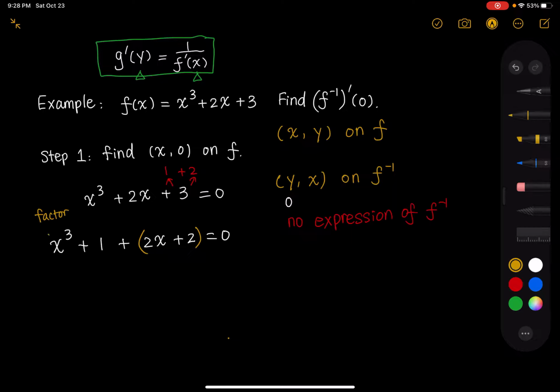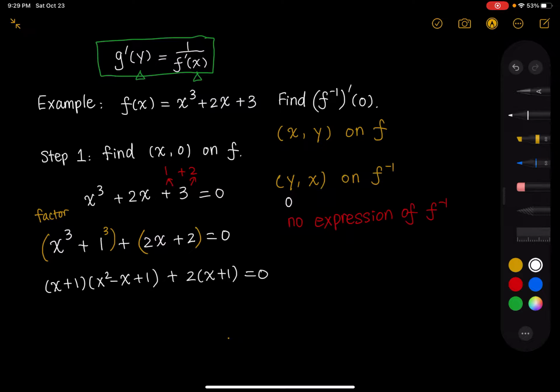X cubed plus 1 is the same as x cubed plus 1 cubed. I will just try the sum of cubes formula. Okay, so I have x plus 1, x squared minus x plus 1. The second one, I factor out the 2, I get 2 times x plus 1.